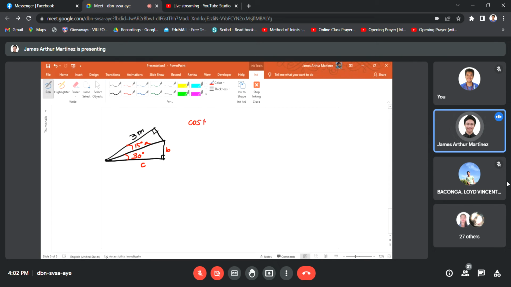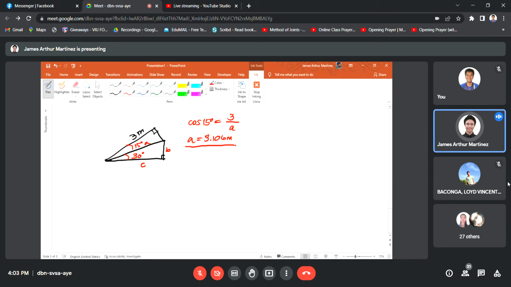Cosine 15 degrees is equal to the adjacent, 3 meters, over the hypotenuse A. So A is equal to 3 over cosine 15, which is 3.106 meters.